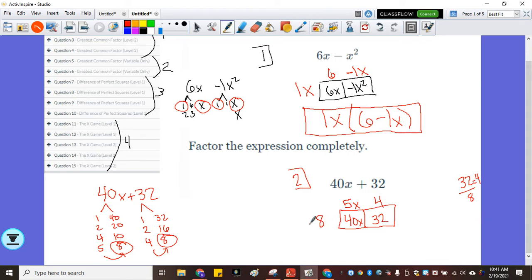So either way, greatest common factor goes in front. And then in parentheses, 5x and 4. Make sure it's a positive 4, so make sure you put your plus sign in front of it.